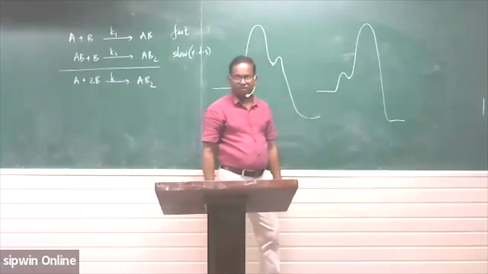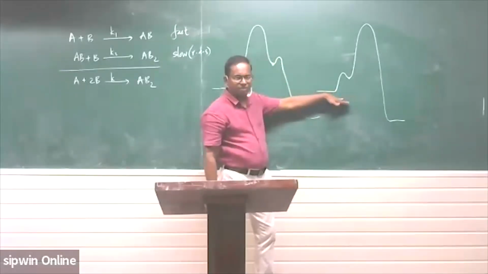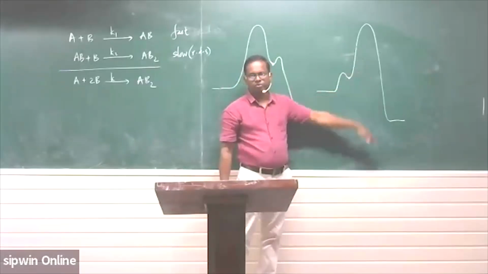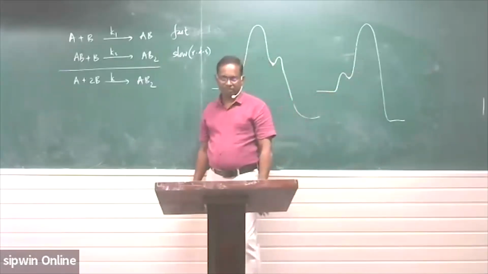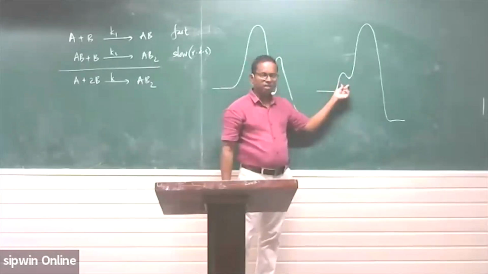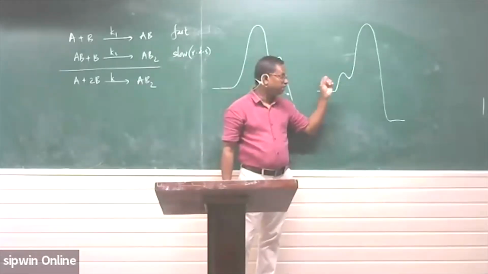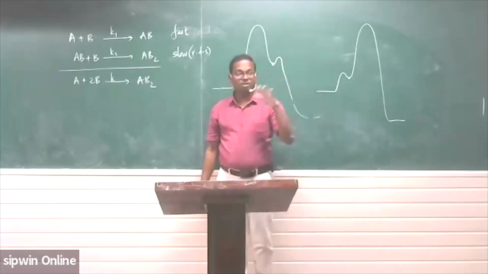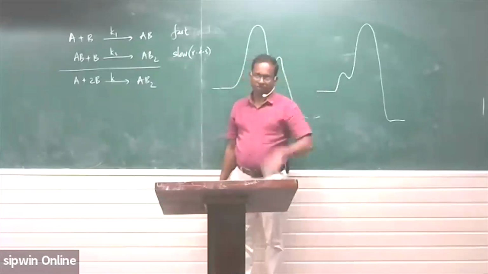Therefore, we believe that when the energy profile is like this, with the fast step first and then the slow, rate determining step, this initial fast step is in pre-equilibrium.